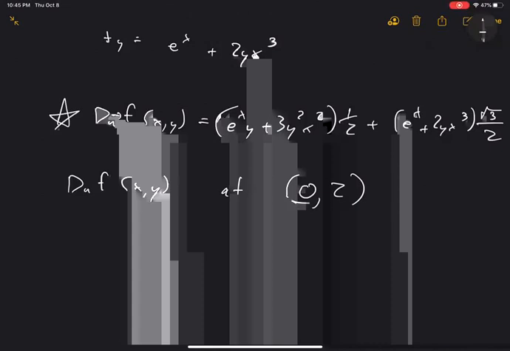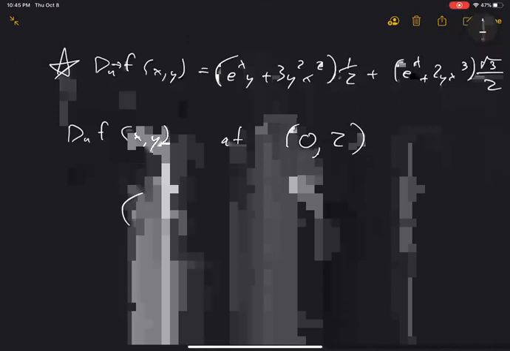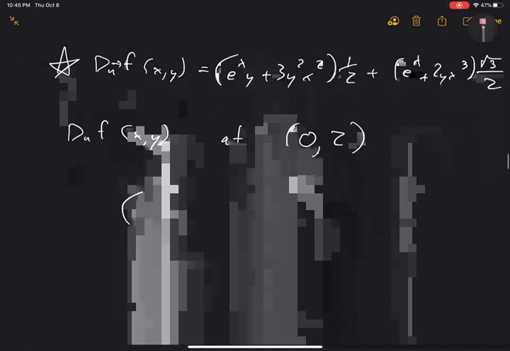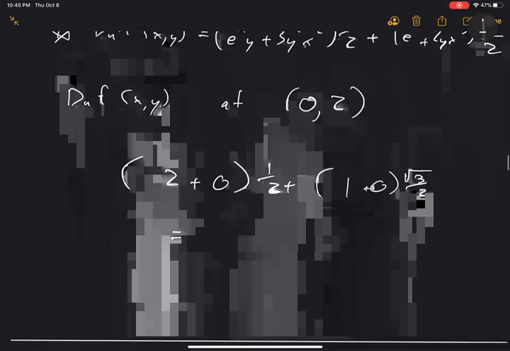I just plug 0 in for x, 2 in for y. Okay, so what's the directional derivative of f at this point here, 0, 2? Well, I plug 0 in for x. I get e to the 0, which is 1. Okay, y is 2. Okay, plus 0 times 1/2 plus 1 plus 0 times square root of 3 over 2 equals 1 plus square root of 3 over 2 equals this.